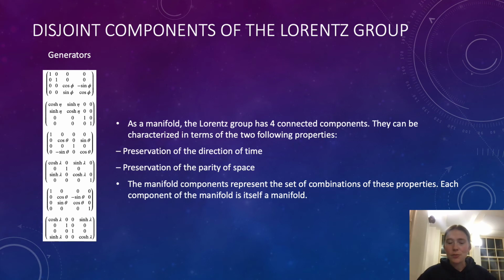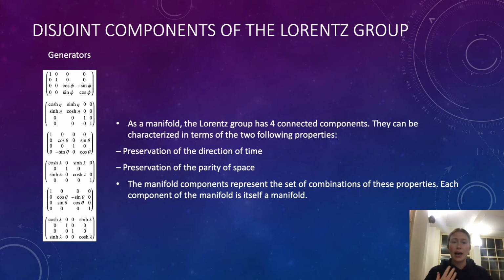So our Lorentz group is a Lie group, and as we talked about before, a Lie group is also a differentiable manifold. And as Noah was saying, the Lorentz group has 4 components, which are each in themselves connected. They can be characterized in terms of 2 of the following properties, and that's the preservation of the direction of time and the preservation of the parity of space.